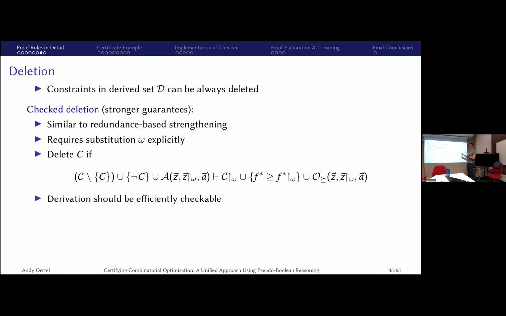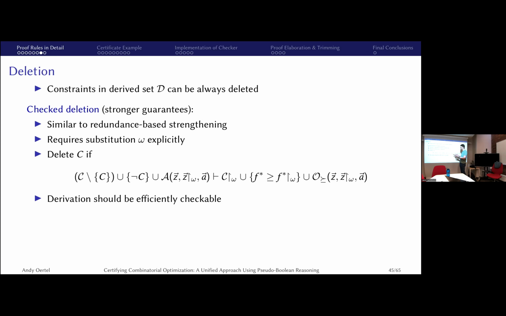The first one is the check deletion, which gives us stronger guarantees, and this is similar to redundance-based strengthening. So we require a substitution, and then we can delete the constraint if we can rederive it from the core set without the constraint that we delete. And again, this derivation should be efficiently checkable.